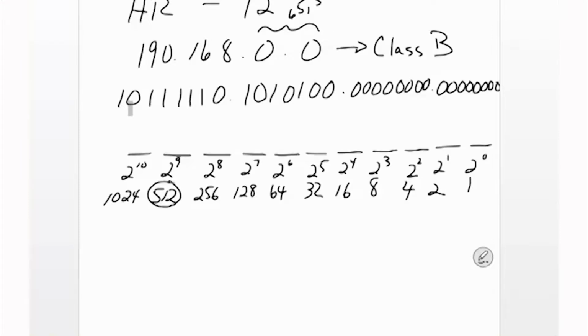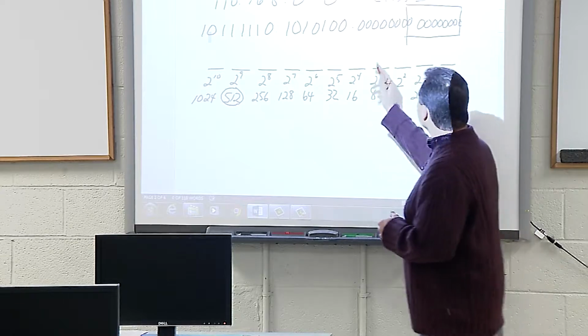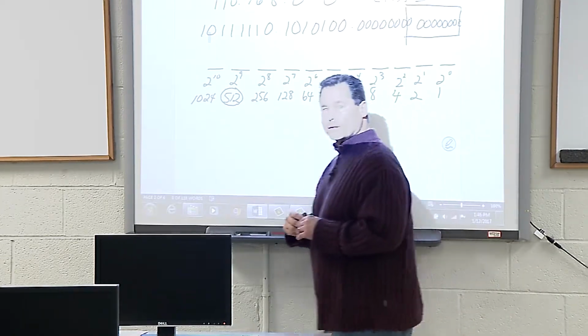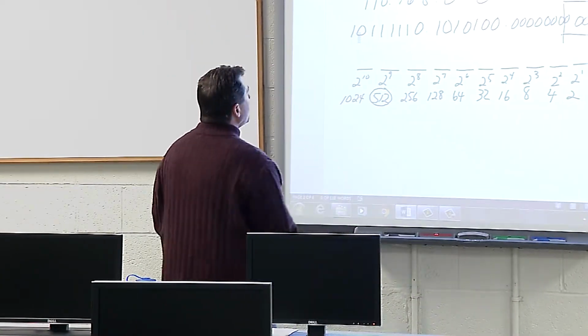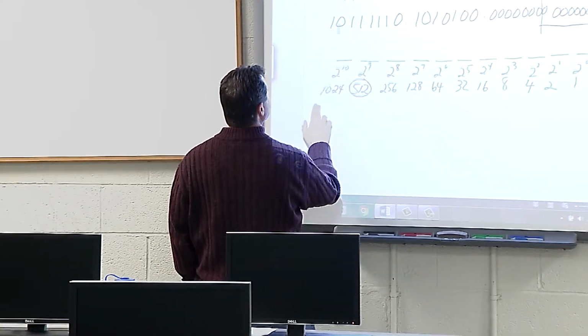256 is too small. And so what I realize is that the bit stops right there. So I'm only going to be using these bits for hosts. Those are the only bits I need. I don't need all 16 of these that were out there.